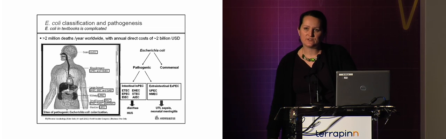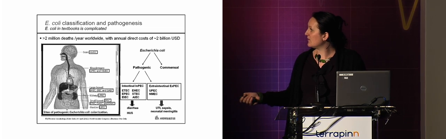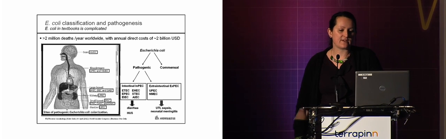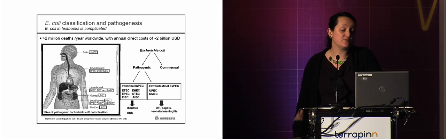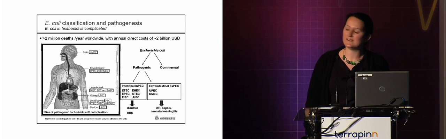So now moving on to E. coli. Pathogenic E. coli are responsible for over 2 million deaths per year worldwide and have annual direct costs in excess of $2 billion US. Now, unfortunately, pathogenic E. coli are extremely complicated in terms of the classification and pathogenesis.